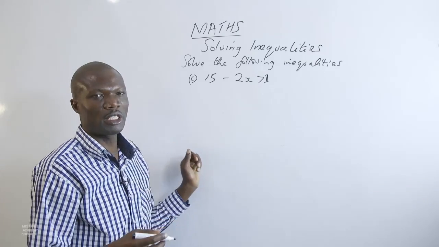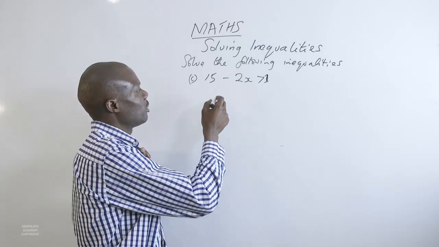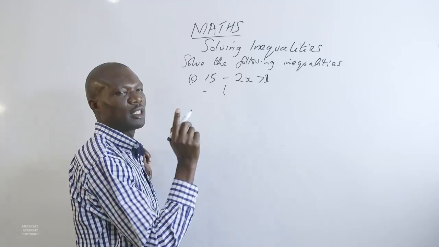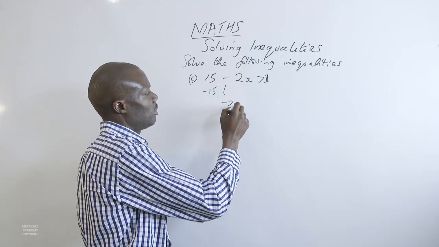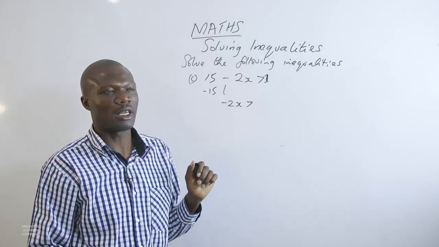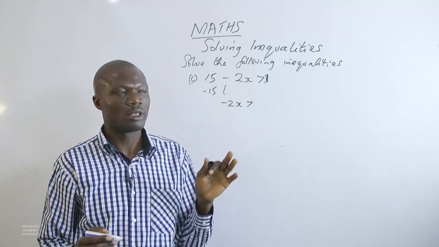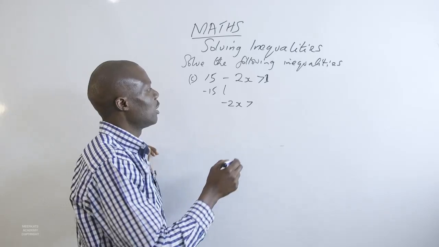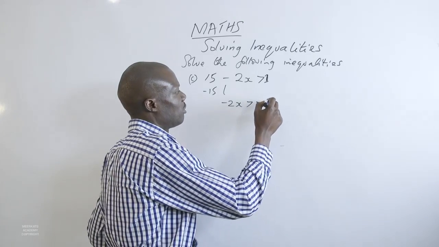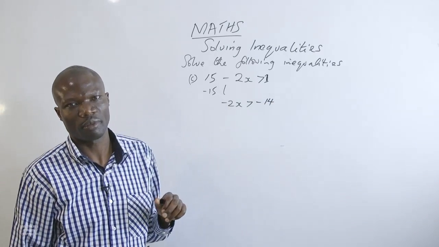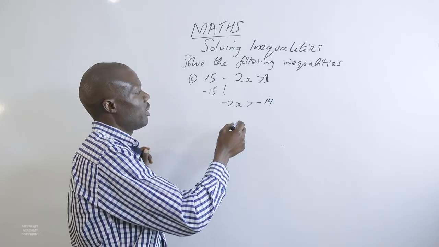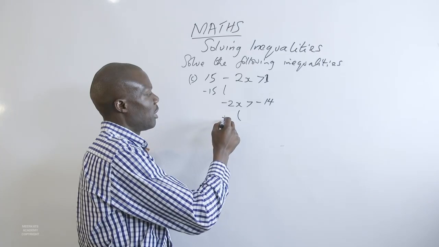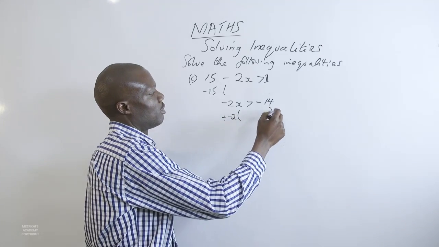So the first step we take is to simply subtract 15 on both sides to remain with minus 2x is greater than 1 minus 15, which is minus 14. And then we divide both sides by negative 2.